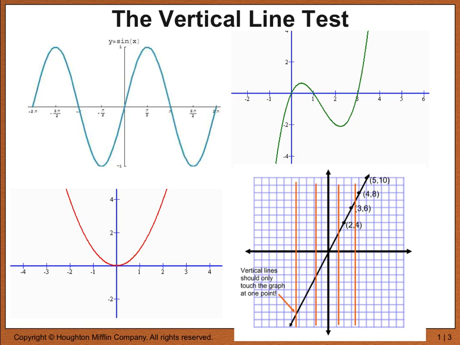Now, keep in mind, lest you become confused, that it is possible for elements in a range to be repeated. Let me give an example of that. Look at this lower left function, this parabola. Right now I'm circling with the cursor arrow the number 1.